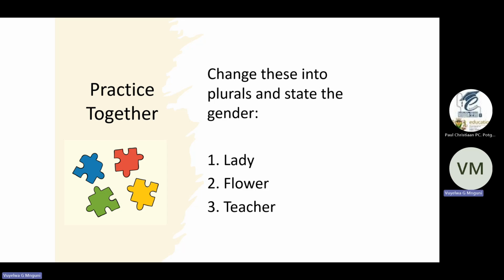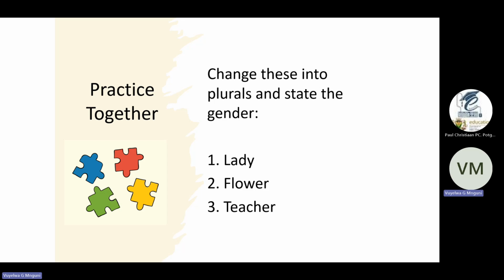What does it say now in a plural form? Surely we know that it is ladies. Then flower, we say flowers. Can you see? It's in a plural form now. Then when we have teacher, which becomes teachers.